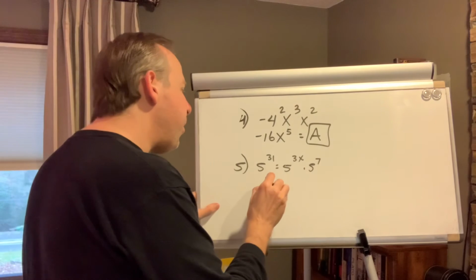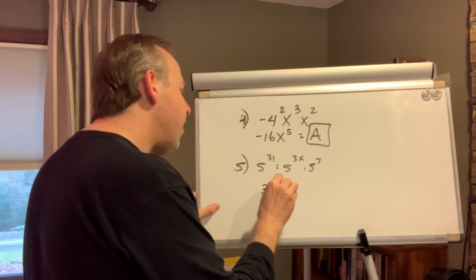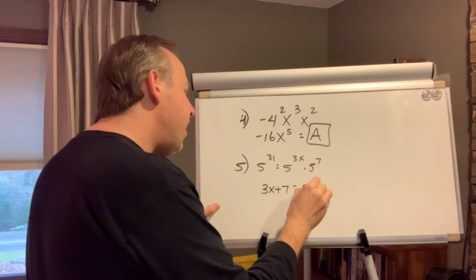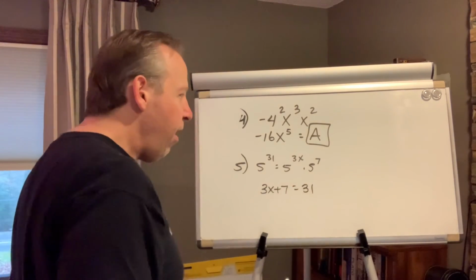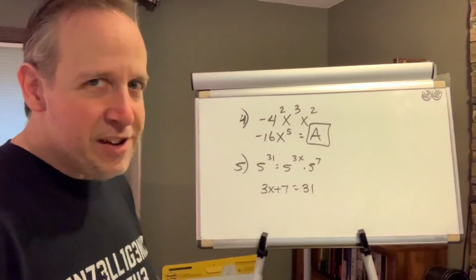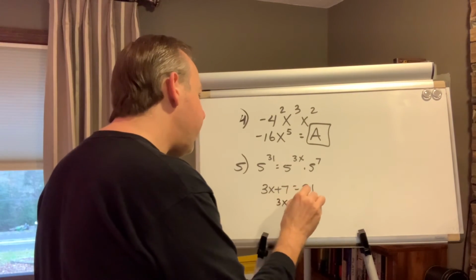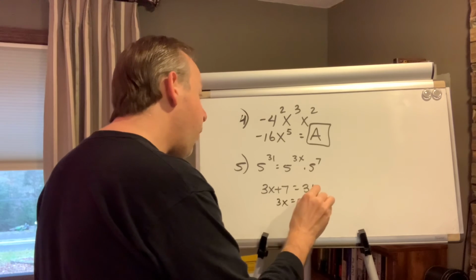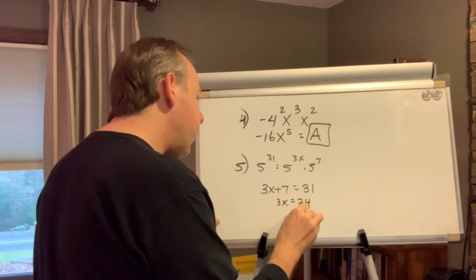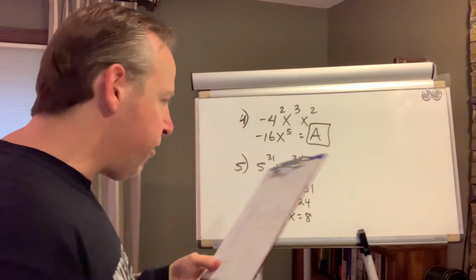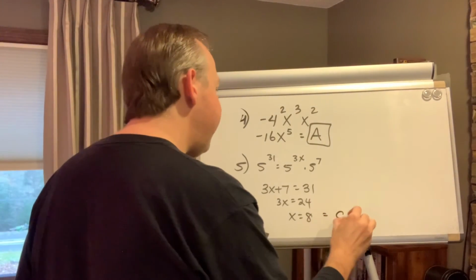So all you're supposed to do here is say 3x plus 7 equals 31. That's what this is supposed to get you. Subtract 7 from both sides, and 3x equals 24. Divide by 3, and x equals 8. That's the way to answer this question. That's answer choice C.